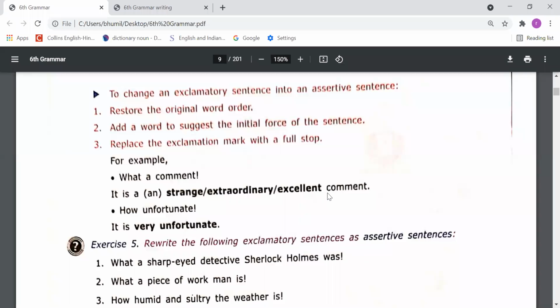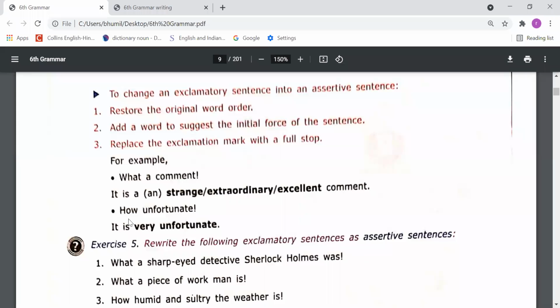So you say, what a comment, right? But when you say this sentence in assertive formation, you will say, it is a bad comment, it is a good comment, it is a strange comment, it is an extraordinary comment, it is an excellent comment. So according to sense, you can mention other words which will show the initial force of exclamatory sentences, right?